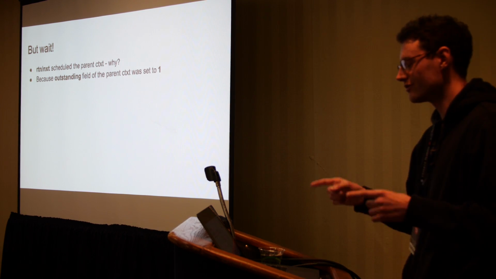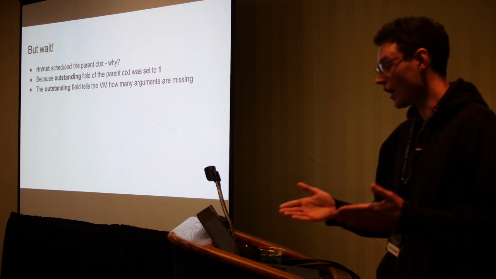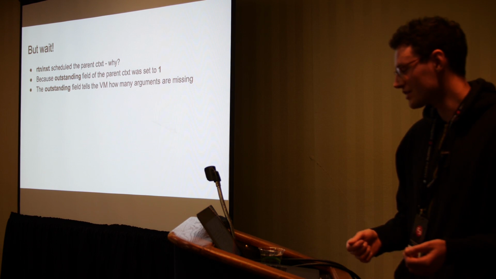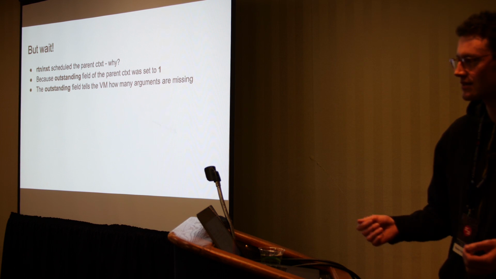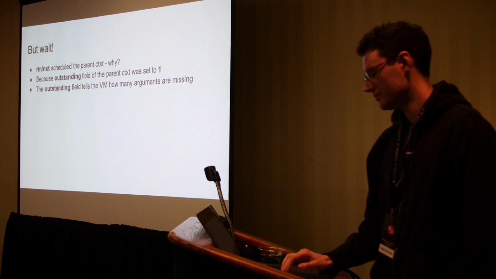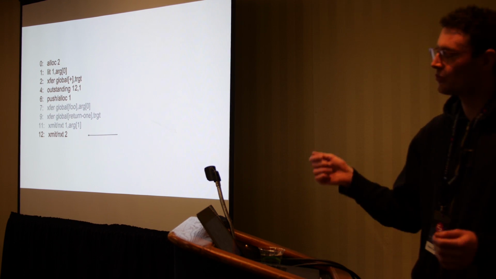Now you can understand the outstanding opcode. The outstanding field, which gets set by the outstanding opcode, tells us how many arguments are missing in the parent context. So we just schedule the initial context again.